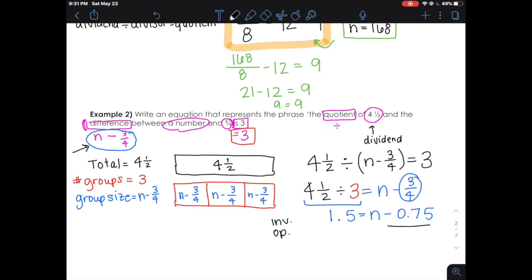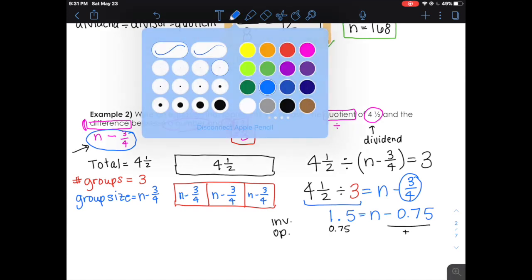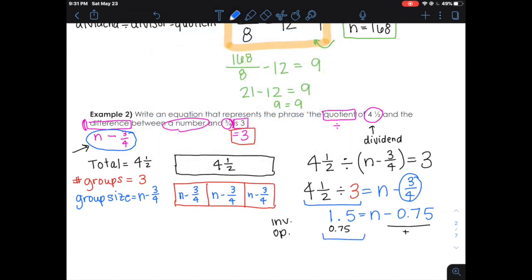Okay, so the opposite operation of subtraction would be to add. So we're going to add 0.75 to each side. So when I add 0.75 to this side, I get 2.25.